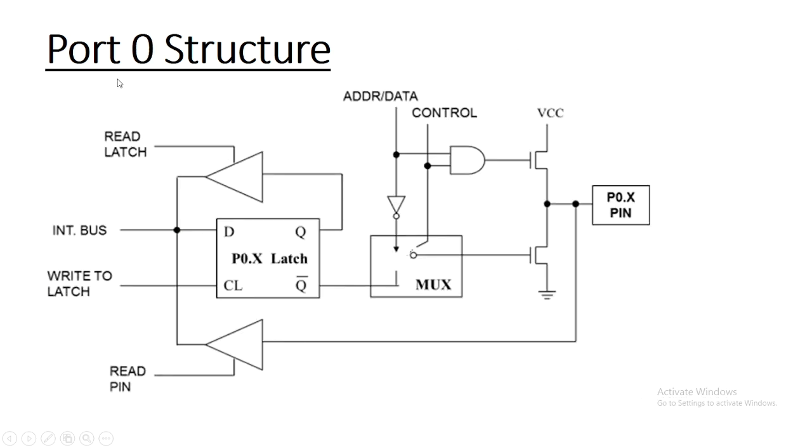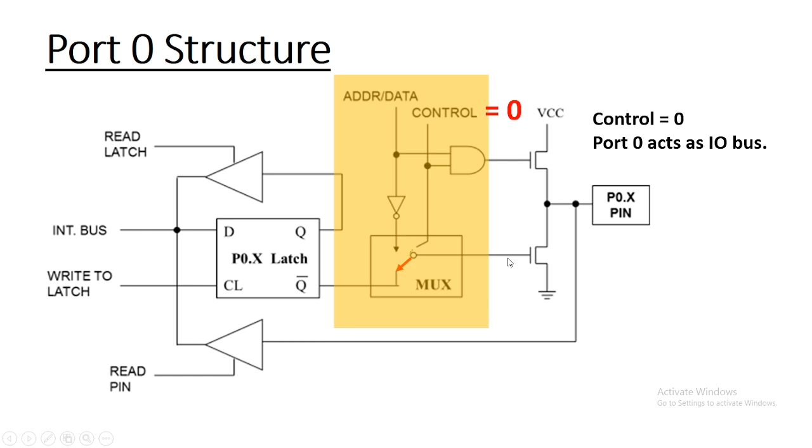Now see the port 0 architecture. The port 0 architecture is somewhat similar to the architecture of port 1 except for this part. We know port 0 is used for the address/data bus along with the IO bus, so according to that function, some extra circuits are added. Otherwise, the construction is the same. When control is 0, the port acts as an IO bus, and when control is 1, the port acts as an address or data bus.